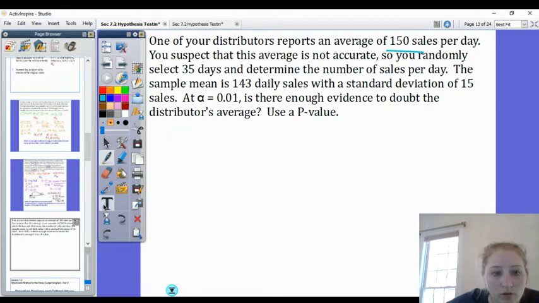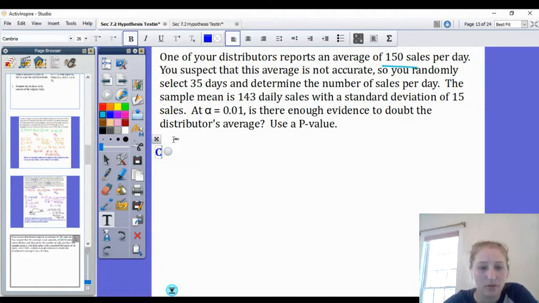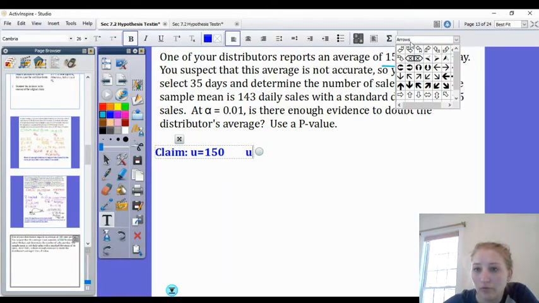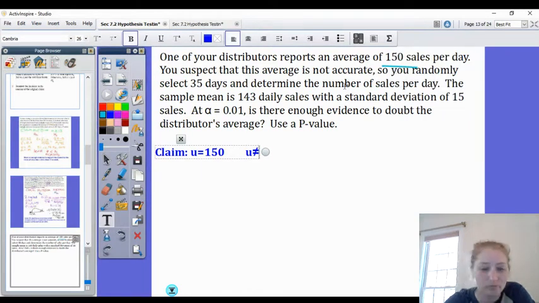All right, claim: mu equals 150. So the opposite of that is going to be mu doesn't equal 150.